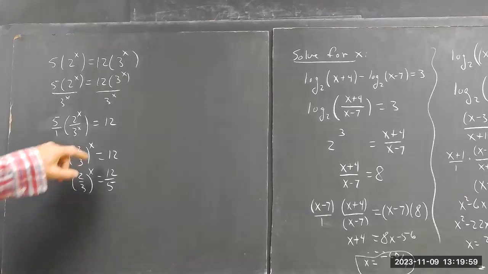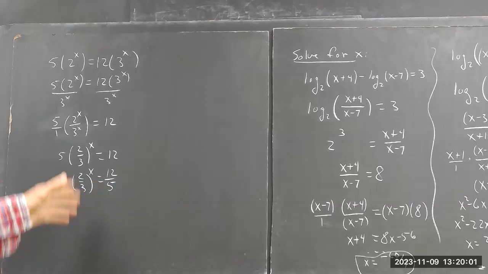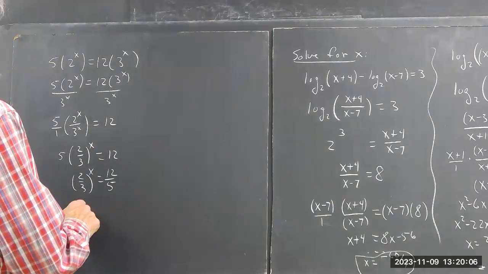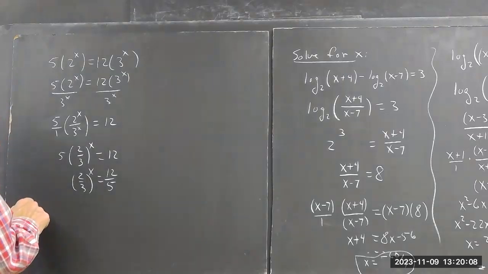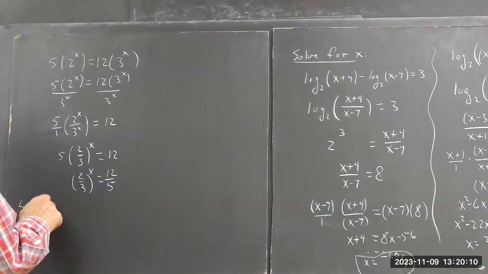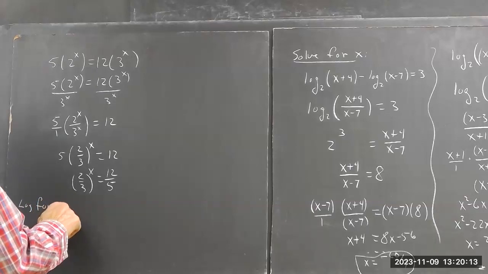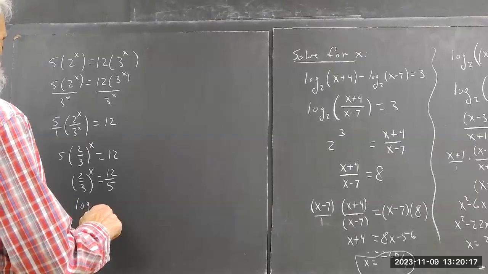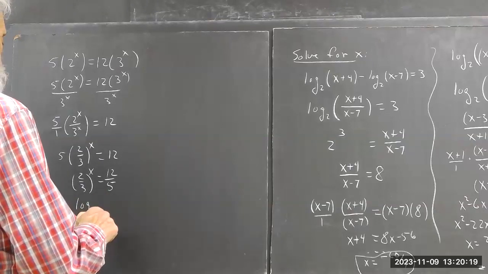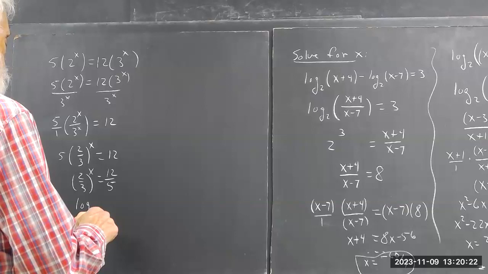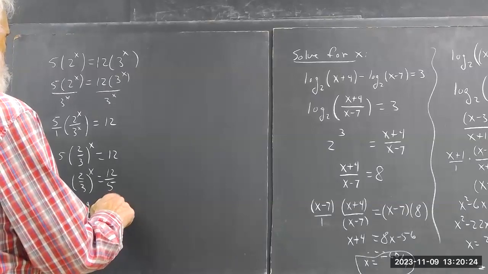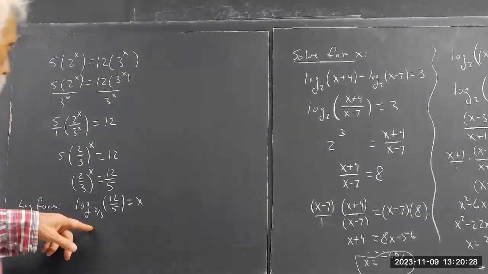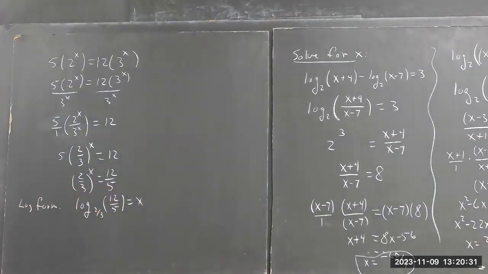Because now I have b to the x equals c, or b to the a equals c. X is log base 2/3 of 12/5.